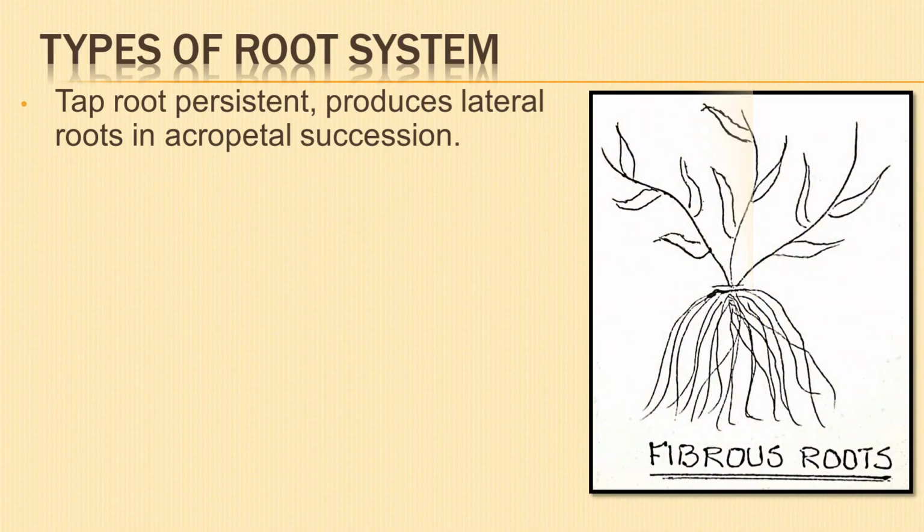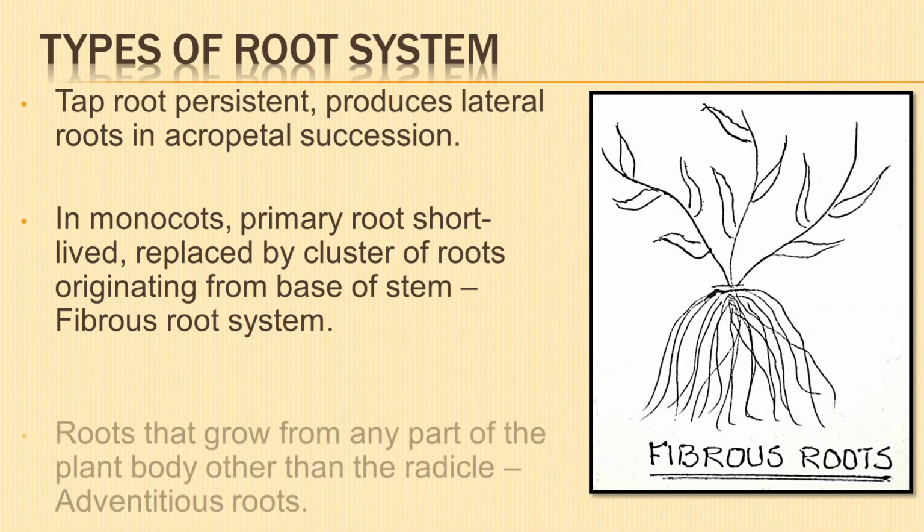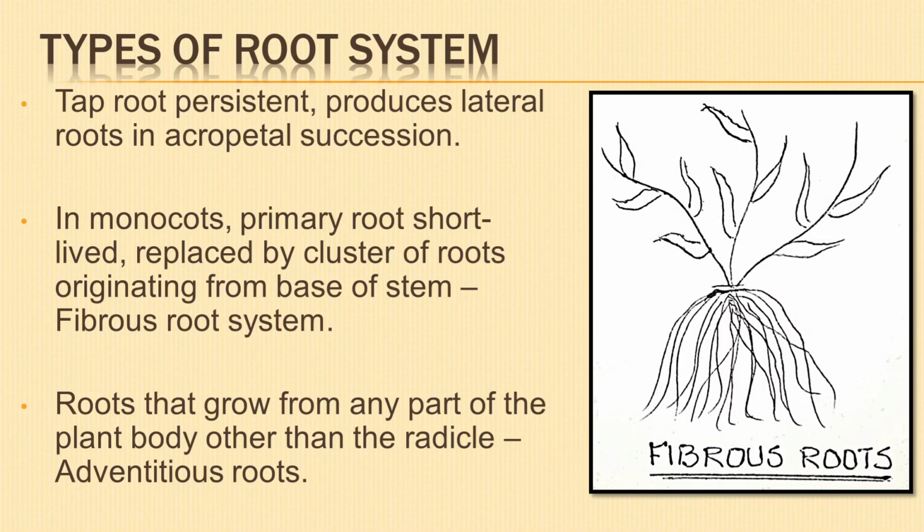In monocot plants, the primary root is short-lived and is replaced by a cluster of slender roots that originate from the base of the stem and constitute the fibrous root system as seen in maize, grass, etc. Roots that grow from any part of the plant body other than the radicle are called adventitious roots.